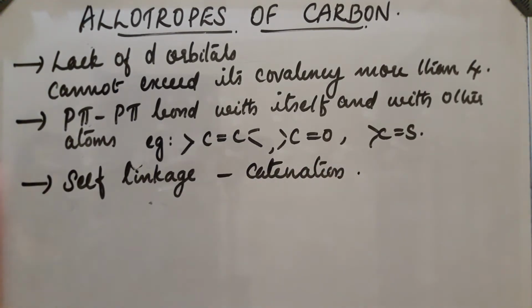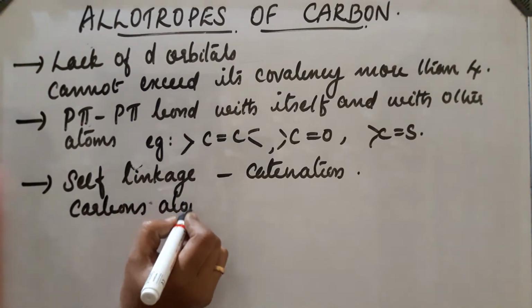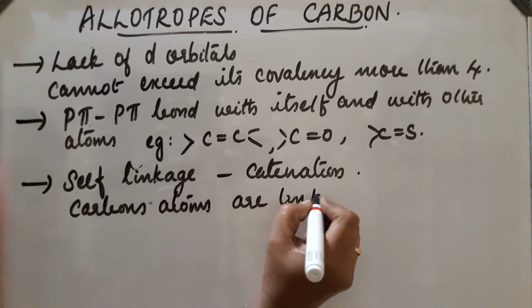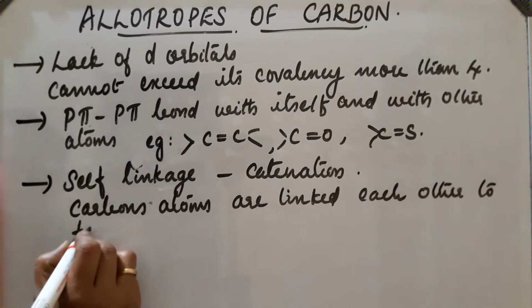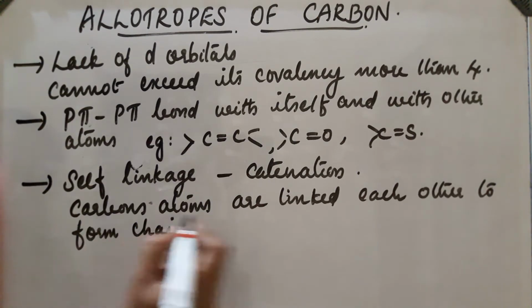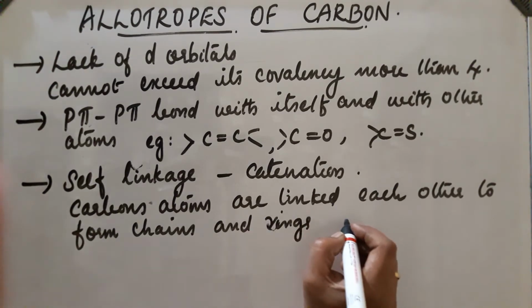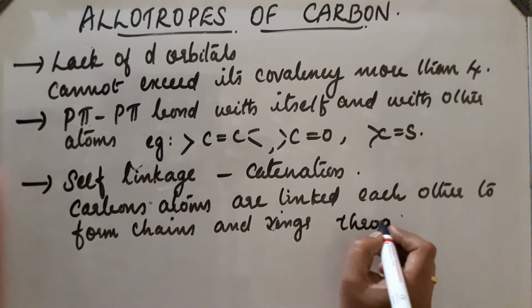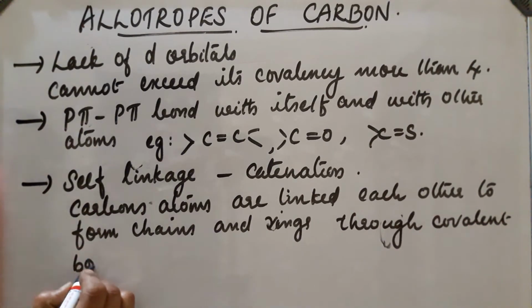Catenation is the process in which carbon atoms are linked to each other through covalent bonds, to form chains and rings, and form different carbon compounds.